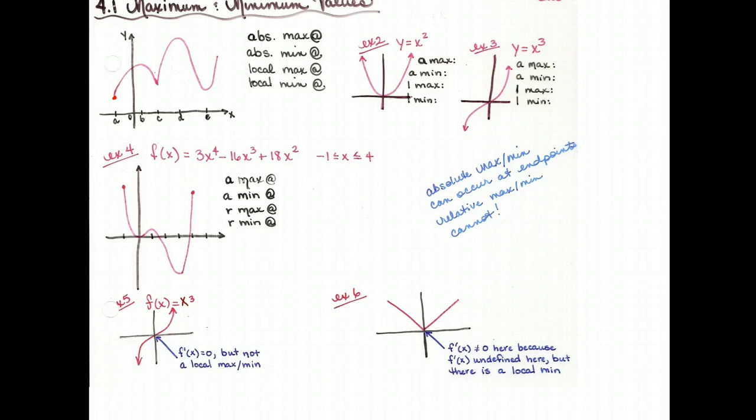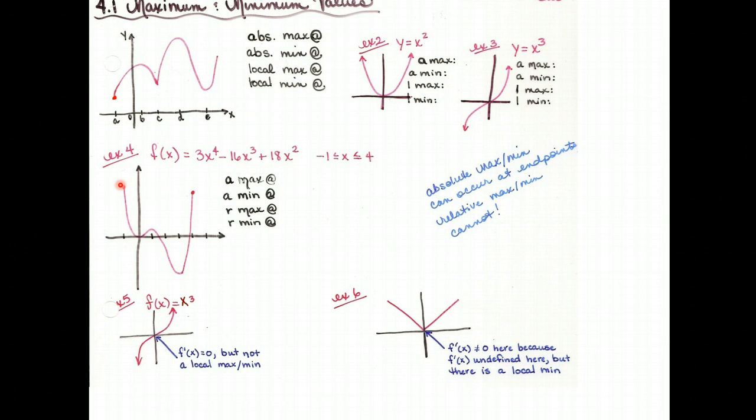First off, there are two different types of maximums and minimums we're going to look at. On page 223, they talk to us about absolute or global maximums and minimums. So for instance, if you're looking at example number 4 down here, the absolute maximum is going to be the absolute highest point on that graph.